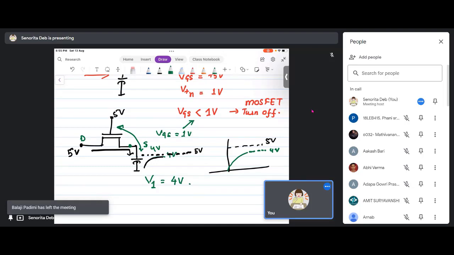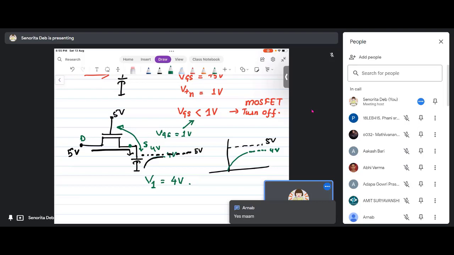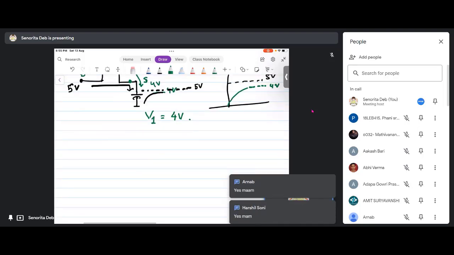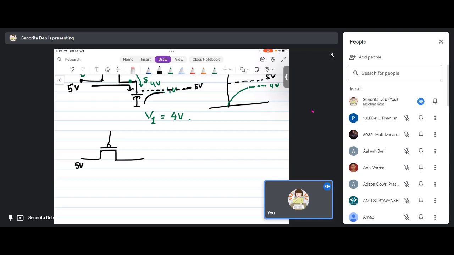Is this clear? Okay. Now next is your PMOS. Now here they have given 5, here they have given -5. Here it is V2. Right. Now here what will happen? Here the V2 can actually charge completely to 5 volts.